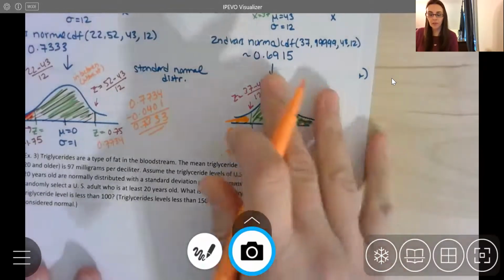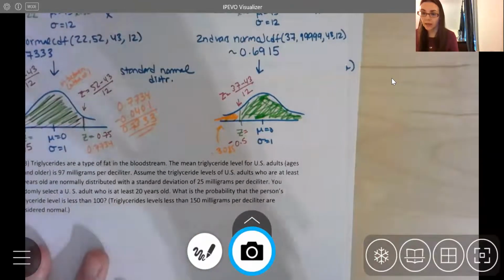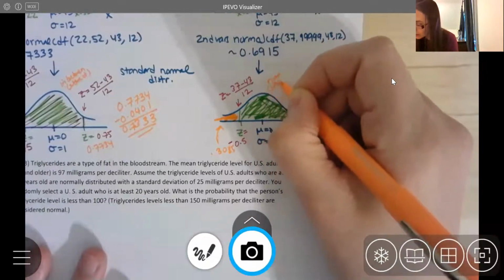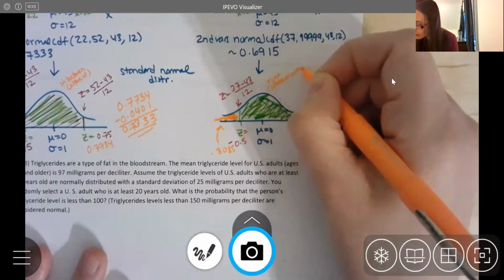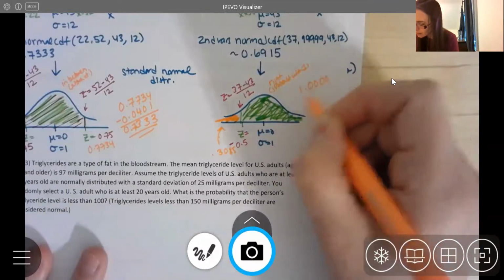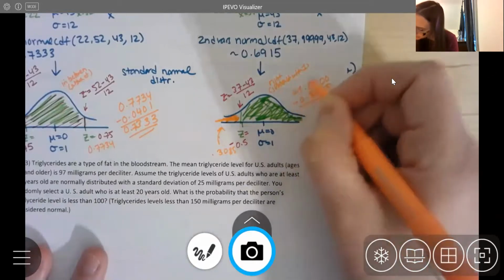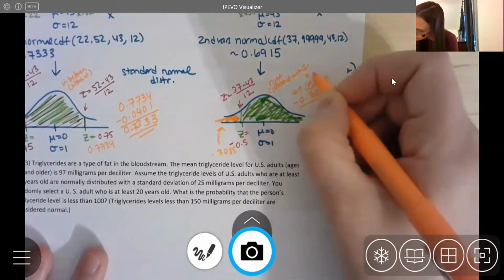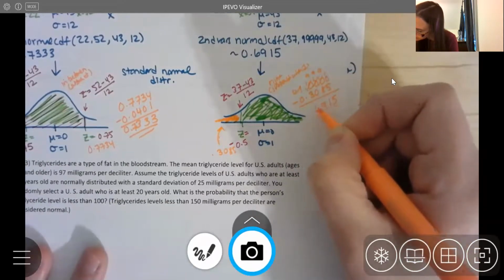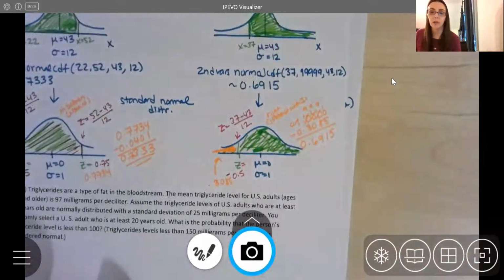I wanted the other side of it. So when you're finding the other side, we're subtracting with 1. So remember, when you have the area to the right, you're going to subtract with 1 instead. So I'm going to do 1 minus 0.3085. And I get 0.6915, just like I did with technology.